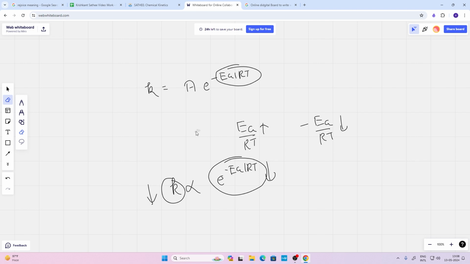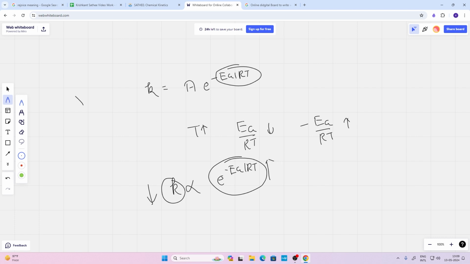Temperature is on the denominator. So if temperature will increase, then this value will decrease. And if this value will decrease, then this value will increase, because it is with a negative sign. And this will result in the increase of the final K value.